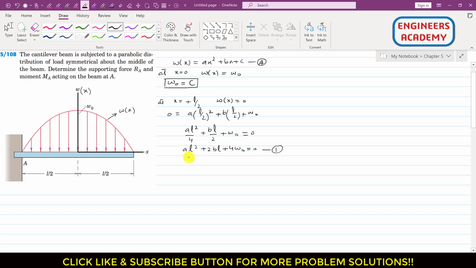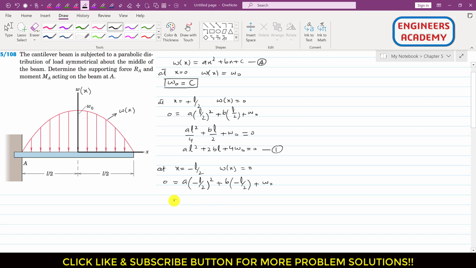And we have one another boundary condition at x is equal to minus L divided by 2. Then at this particular point, again that function has a value of 0, right? So this w of x is 0. Now again we can put these two values in that equation A. So we can write 0 equals a into minus L divided by 2 squared plus b into minus L divided by 2 plus c, and c is omega naught.